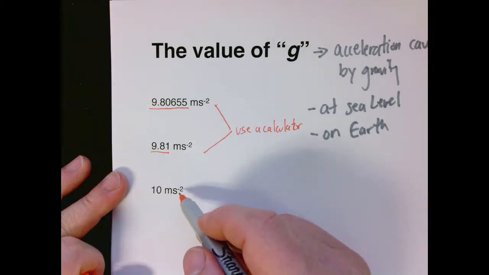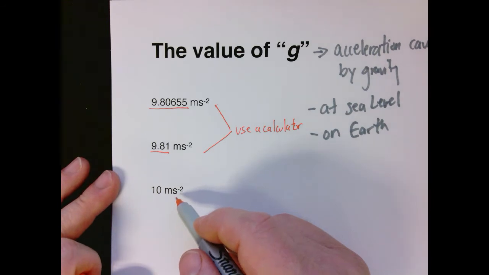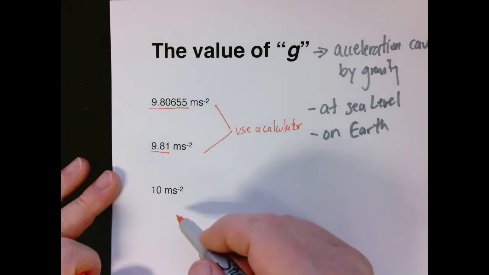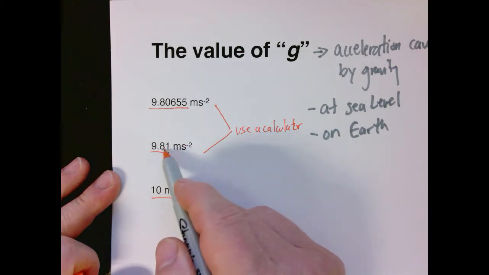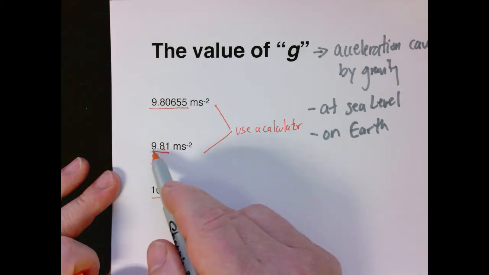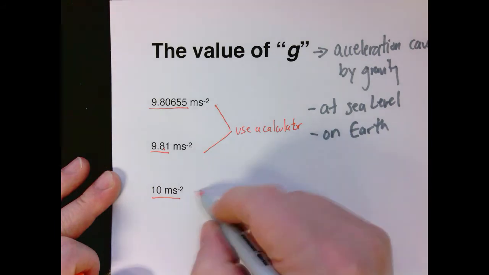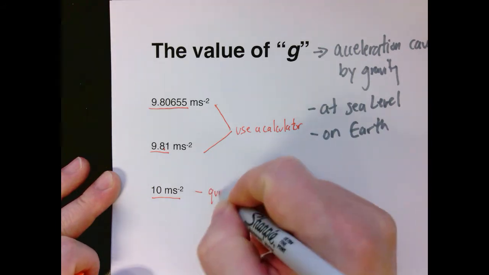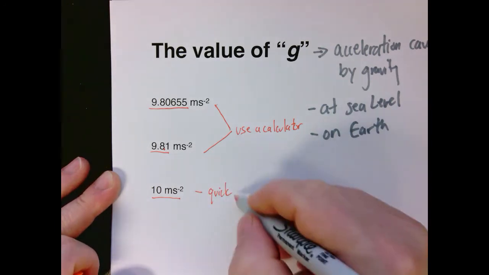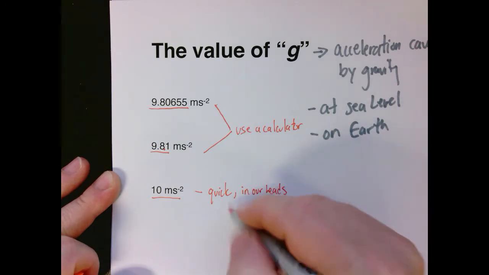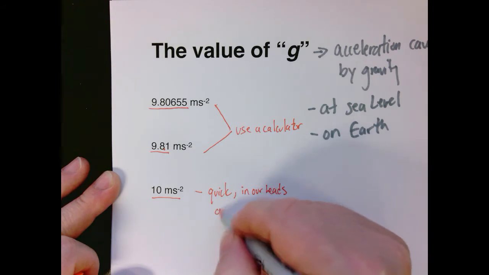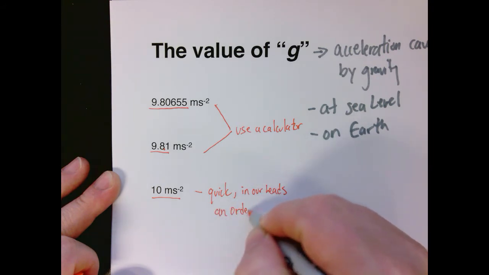Very frequently you'll see in textbooks and people talk and teachers and demonstrations use the value of 10, just as we saw in the previous example, 10 meters per second squared. Well, that is simply 9.81 rounded to the nearest one, which would be 10. We do this for quick calculations or when we do it in our heads, when we are looking for almost an order of magnitude estimate.